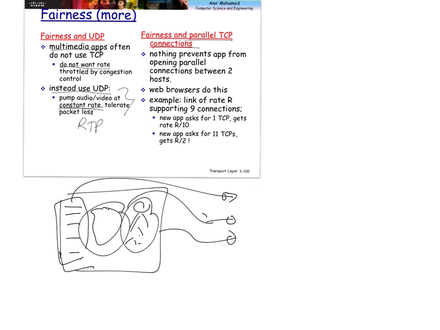Okay. So why are we talking about this? Because this will create some issues even for fairness. So fairness will become an issue here, because if you have one page with one object or one unified content like text or something, or maybe you're using an FTP session transferring the content of a zip file or something like this, then you have one TCP connection for that file, and chances are all these parallel TCP connections will compete, and each one will take a share.